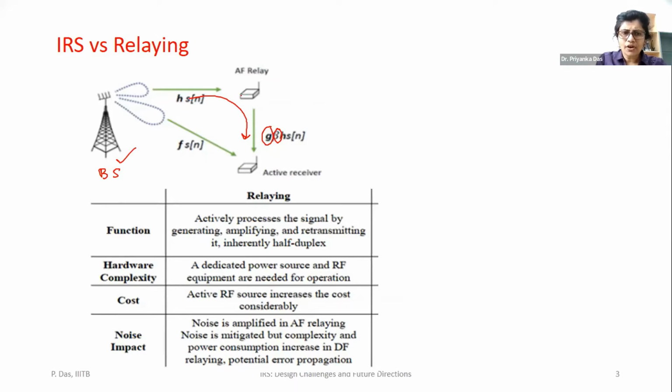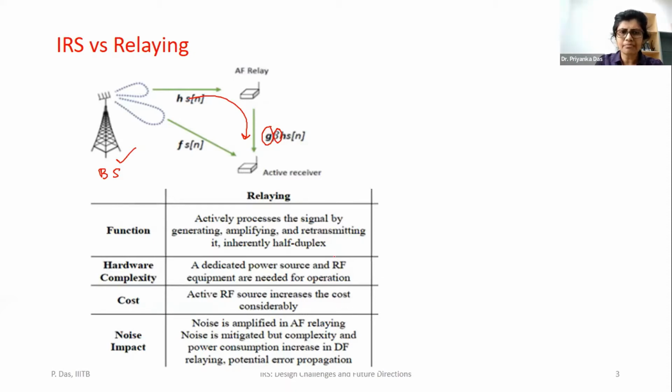And hardware complexity: yes, it requires an RF chain. What do you mean by RF chain? That's your power amplifier, analog to digital converter, filter, all these processing techniques. These are the major burden of why the cost of these active elements increases more and more due to hardware complexity.